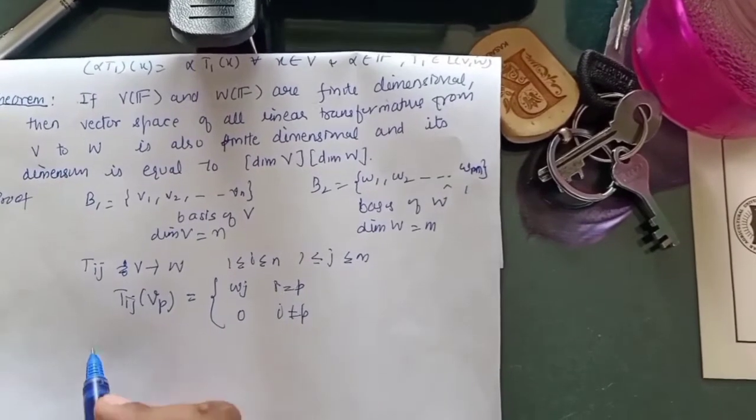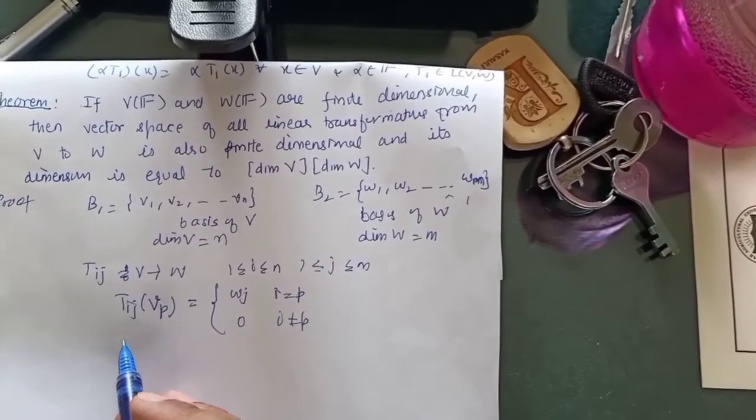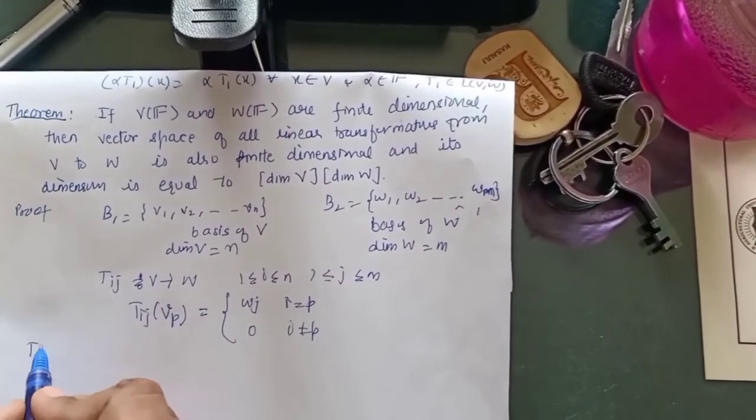Alright, now first of all we are to prove that this Tij is actually a linear transformation.